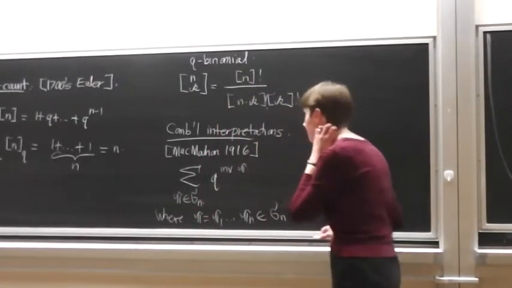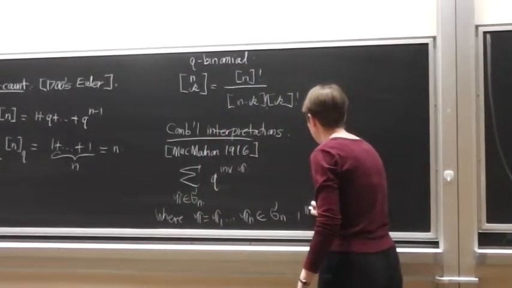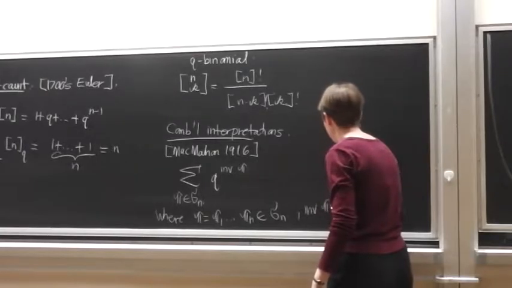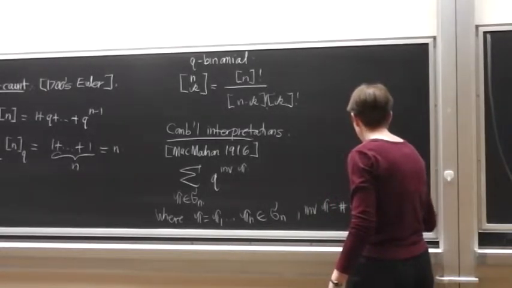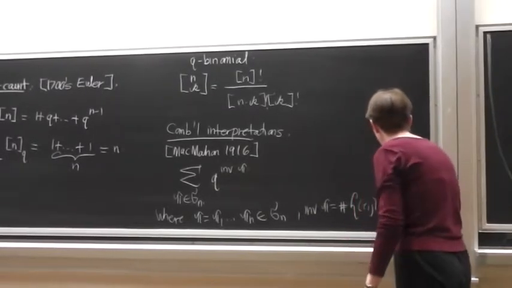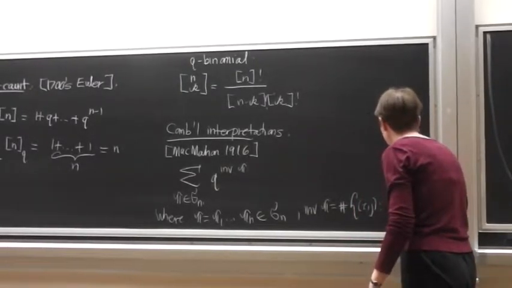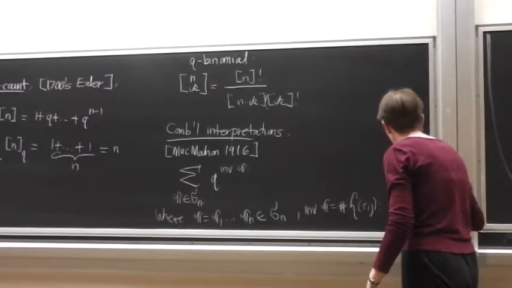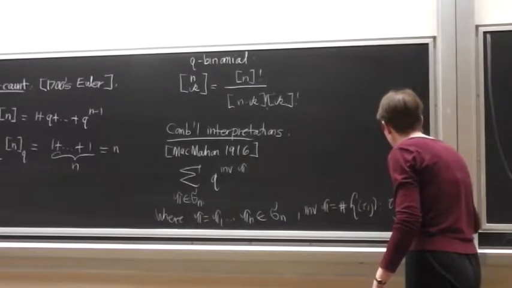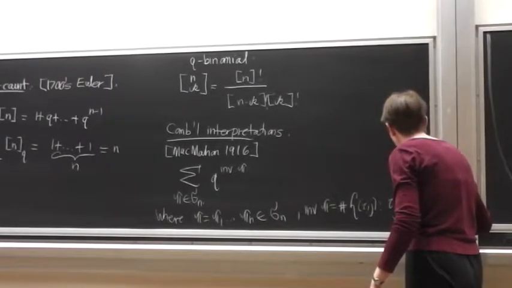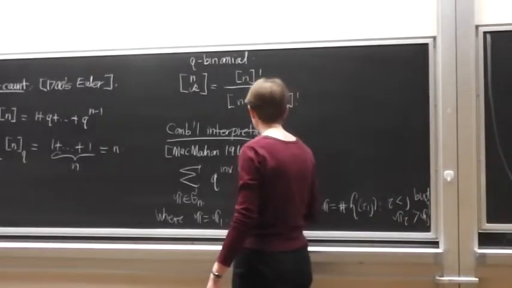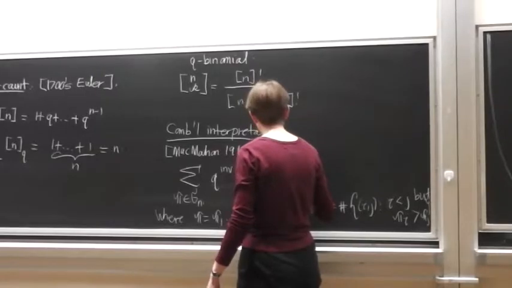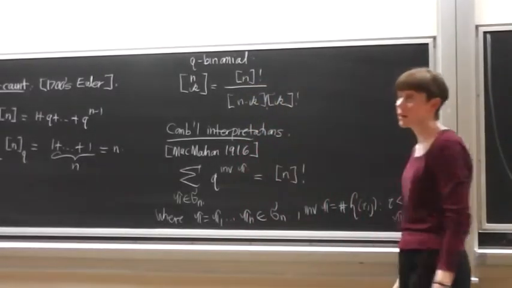We're just going to look at elements that are out of order. The inversion number of pi is the number of pairs i, j where i is less than j, but the entry pi i is greater than pi j. And if we keep track of the inversion number, lo and behold, we get the q-analogue of n factorial.